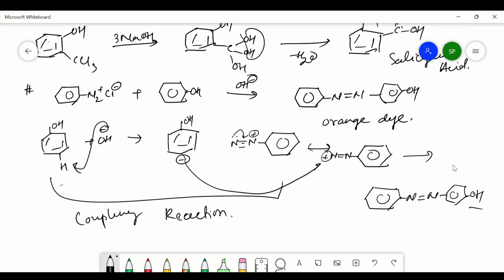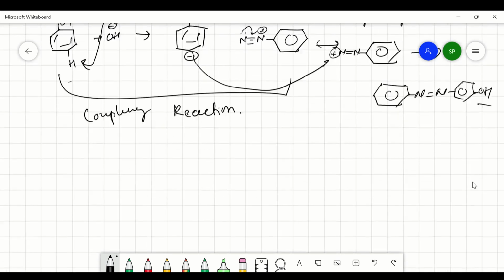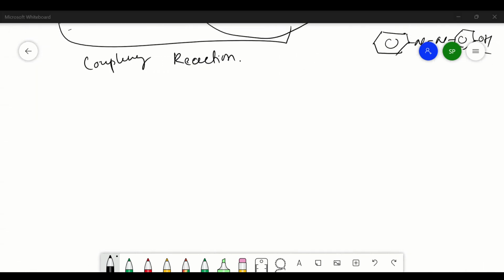Okay, next reaction we will see is Claisen rearrangement. So with this Claisen rearrangement we will finish this topic of phenol. Okay. In Claisen rearrangement, the crotyl phenyl ether rearranges to produce ortho methyl allyl phenol. Okay.